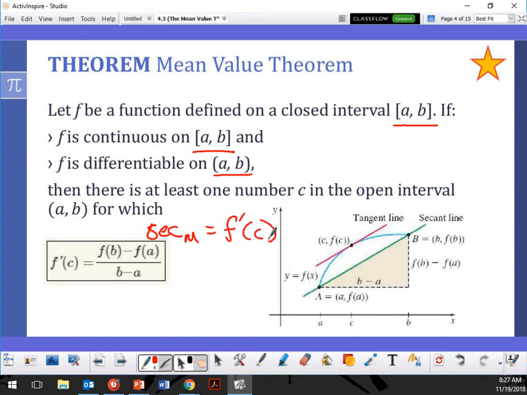The slope of the secant line is always just going to be y2 minus y1 over x2 minus x1. The slope formula. Remember, we keep talking about this over and over again. The big idea about this is we're finding the slope. Okay, slope formula. That's a lot of what we're doing here.